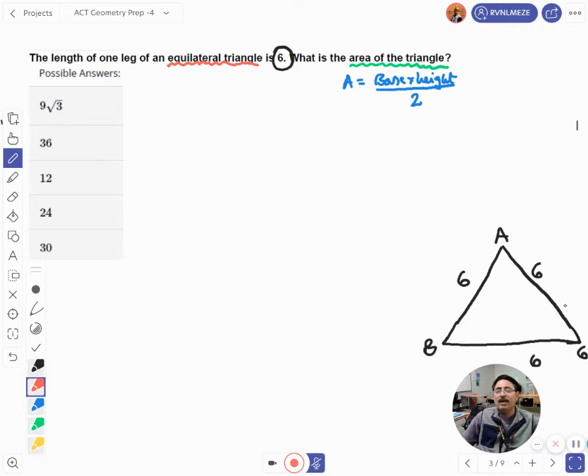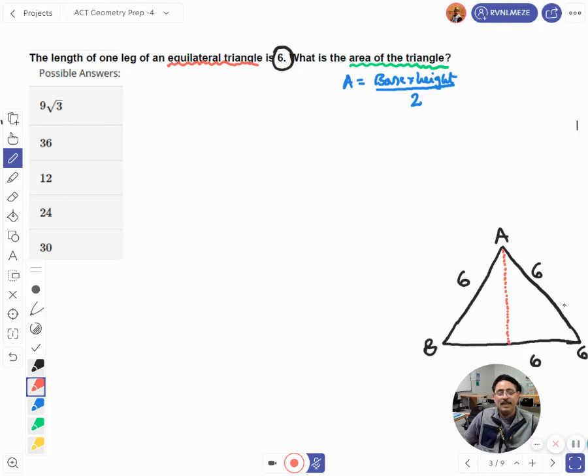Now, I know what the base is. You please notice that the base is 6 units. Okay. What is the height? I don't see any height here. So let me assume that the height is drawn with a dotted line.